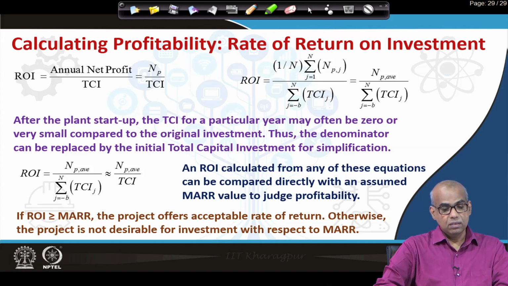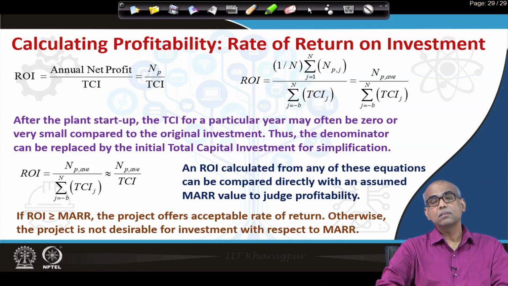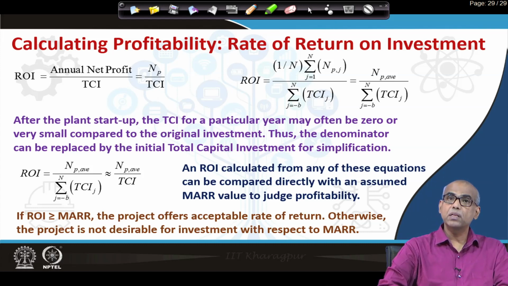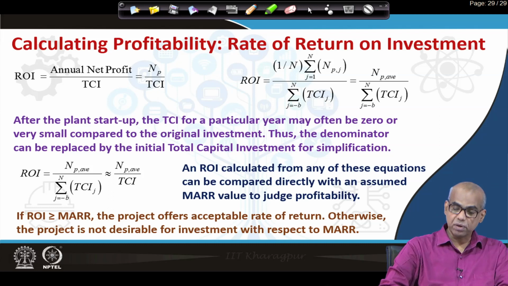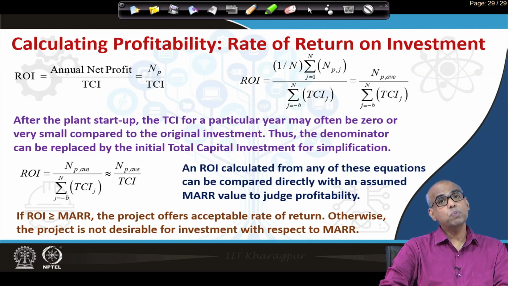If the return on investment is greater than or equal to the minimum acceptable rate of return, only then does the project offer an acceptable rate of return. Otherwise, the project is not desirable for investment with respect to the selected minimum acceptable rate of return.